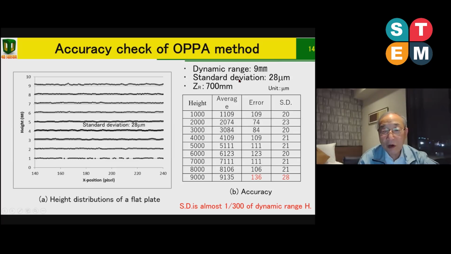This is an example of the accuracy check of one pitch phase analysis. The dynamic range is 9 millimeters in this case. So we measure every 1 millimeter height.